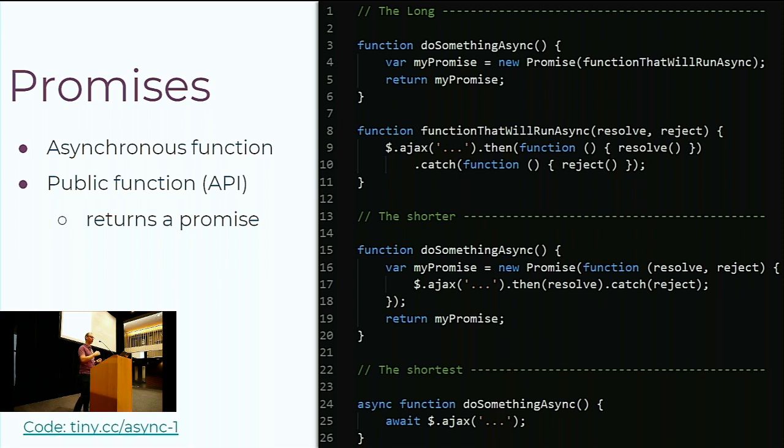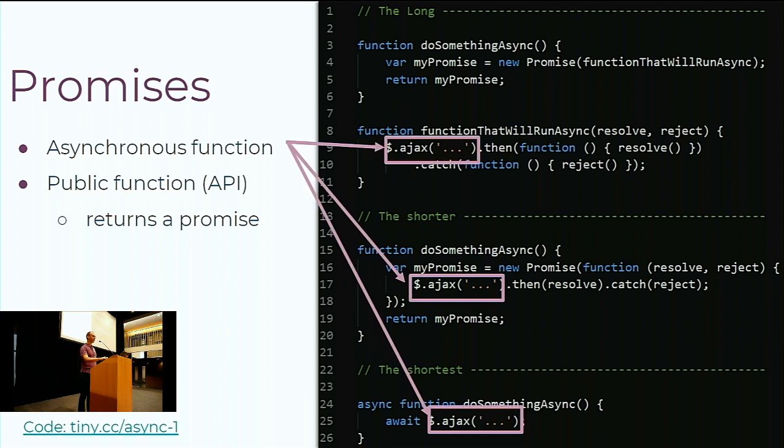You can see that the shortest way in the bottom with async await is very concise, which is very good, of course. So this is the asynchronous part, the thing that you start and then eventually will complete. And what you want to do is, when you start, get a ticket to be notified for when it will be completed.